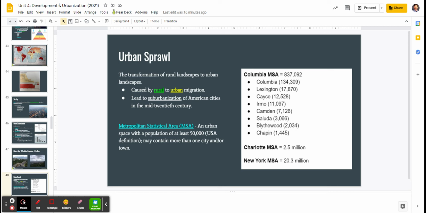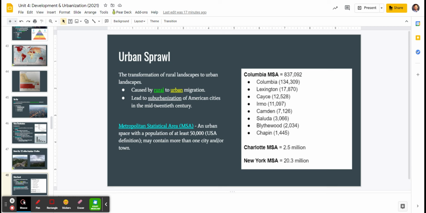I know it doesn't all add up to 837,000, so if you were trying to do that, don't worry. There's just a bunch of stuff that's not listed here, but to give you an idea of what it looks like. All right, so these places lead to the fact that Columbia is the city center, and that's where a lot of people travel to for work.